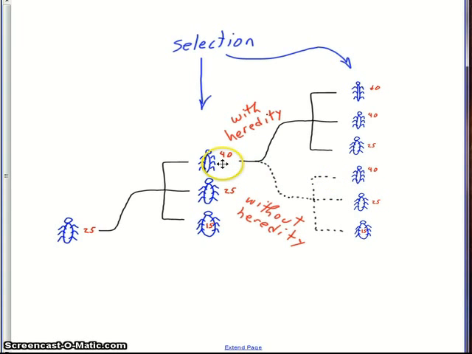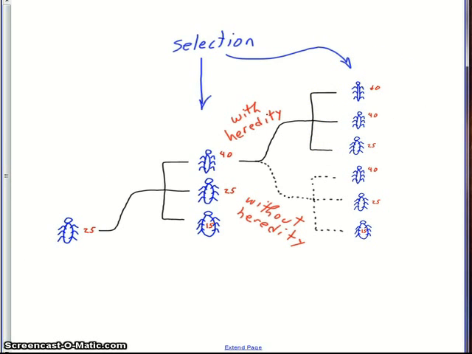But the idea is that without heredity, this useful body shape is not going to be the most common in the next generation. You'll have the same type of variation as in the original generation. It's only when the body trait is heritable, can be passed on, that you get the ratcheting effect, where each generation has a greater and greater average body camouflage.